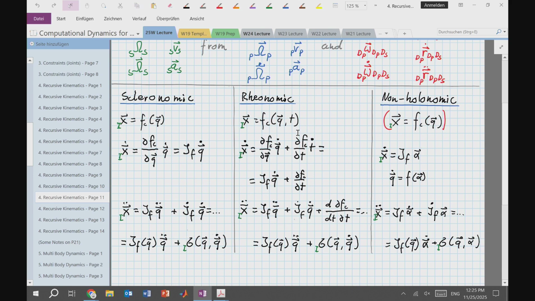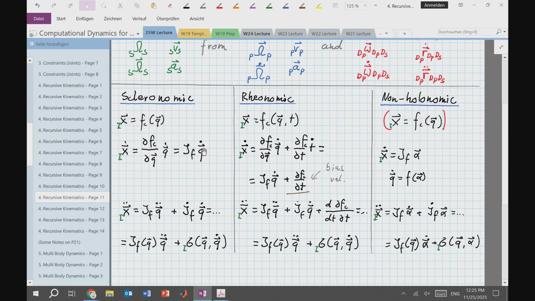We saw this for rheonomic joints, where I would get an additional term here in the velocities. This is something I would call a bias velocity. Bias velocity means even though I have no q dot, I have some velocity in x.